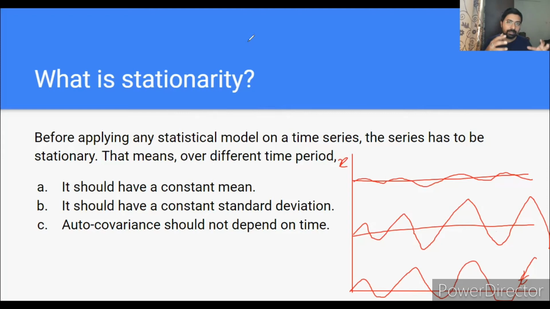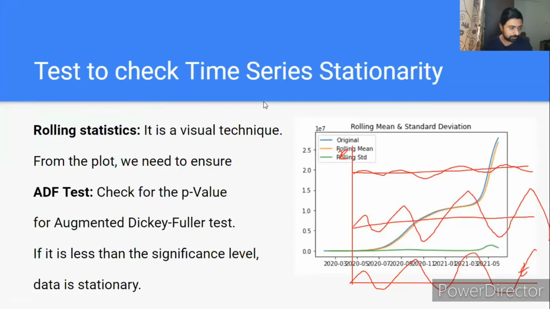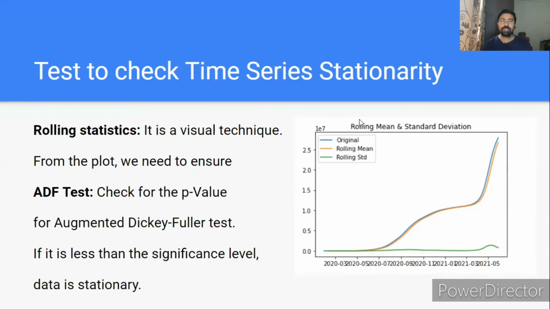Only if you get these two things achieved can you proceed to further statistical analysis. So let's start with the tests to check the time series stationarity. First is the rolling mean and rolling standard deviation.